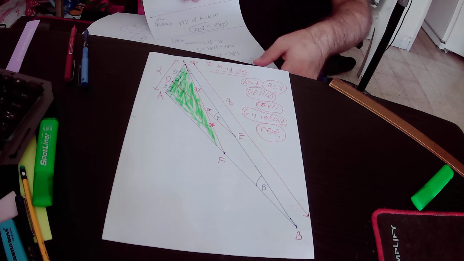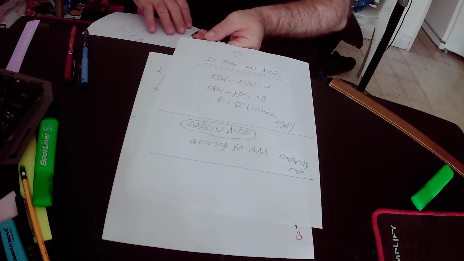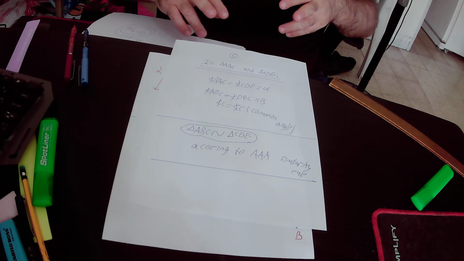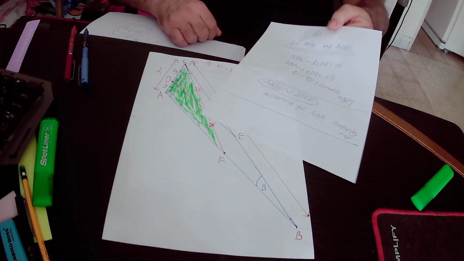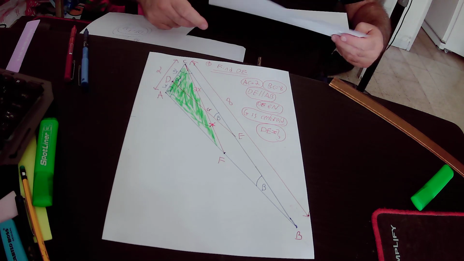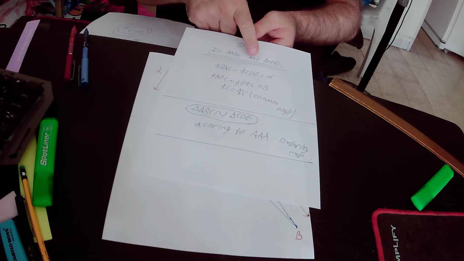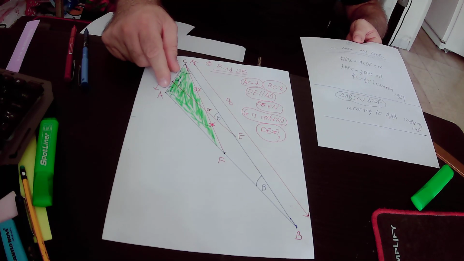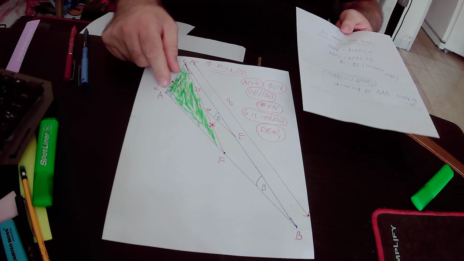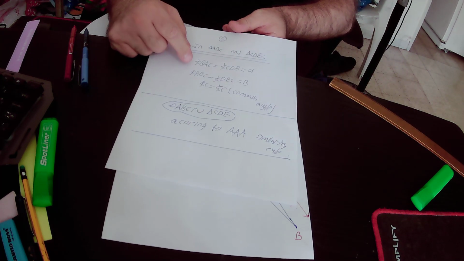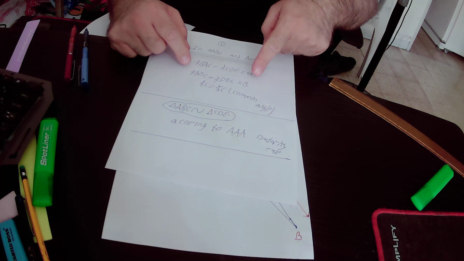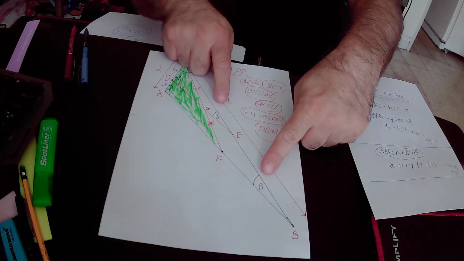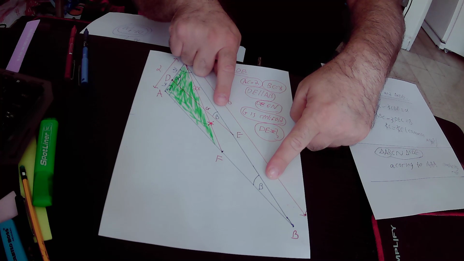First of all, we know that angle BAC equals angle CDE, and they are both equal to alpha. And we also know that angle ABC equals angle DEC, and both those angles are equal to beta.